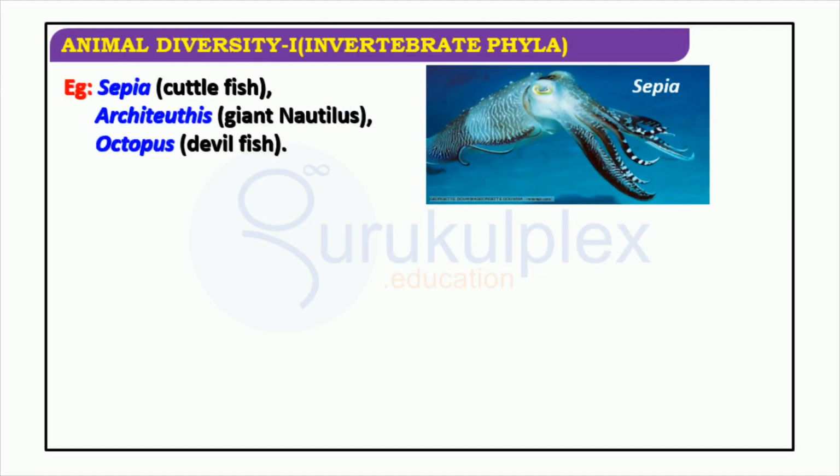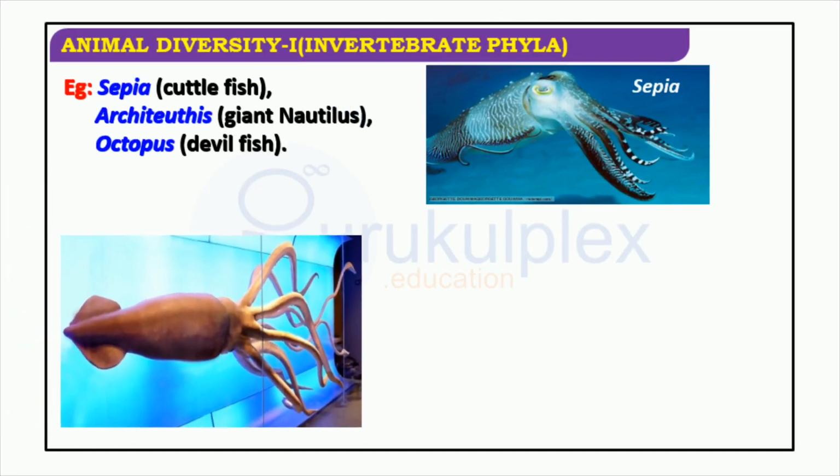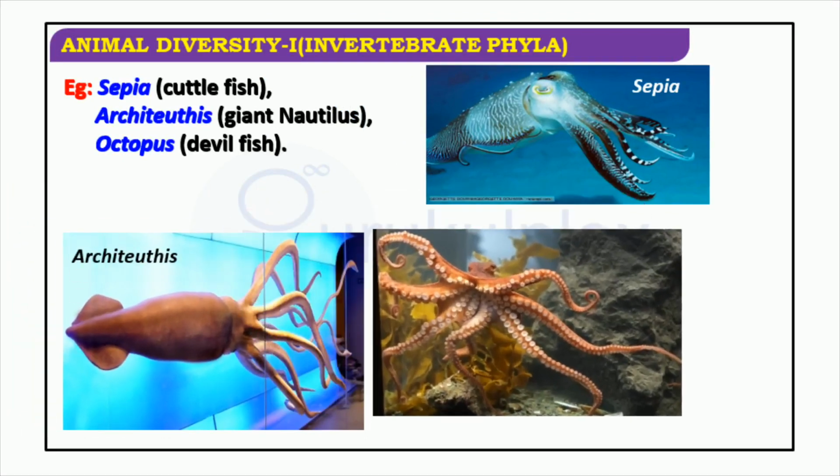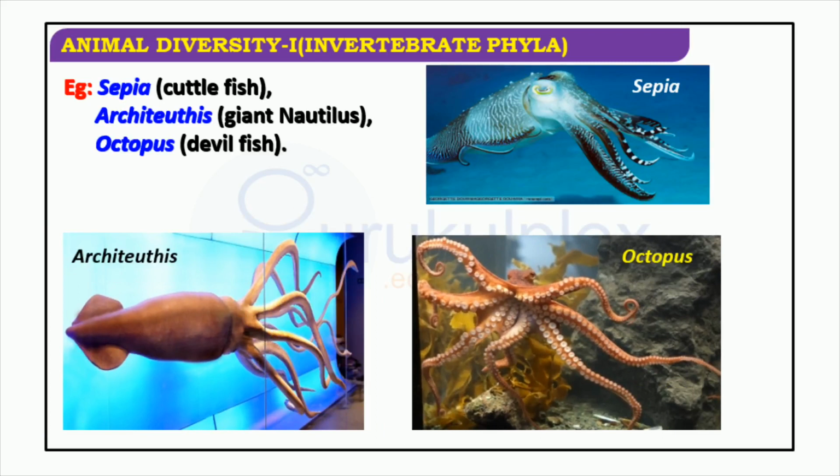Sepia, our cuttlefish, is capable of camouflage in an array of colors. Architeuthis, otherwise known as the giant nautilus, has an eye-catching spiral shell. Octopus, sometimes referred to as the devilfish, have remarkable intelligence and are able to solve puzzles and remember long-term memories. An image of each of these creatures can be seen on the slide.